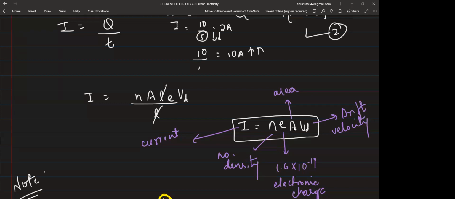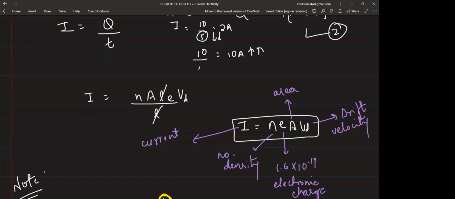See, in current, what happens is that even if the area is wide and it keeps on increasing, if 5 amperes had entered earlier, then only 5 amperes will leave.